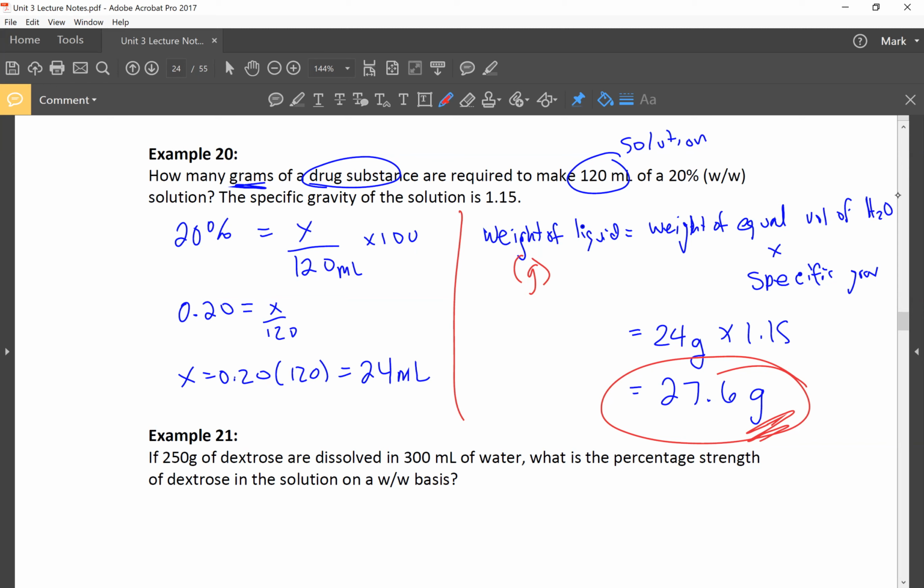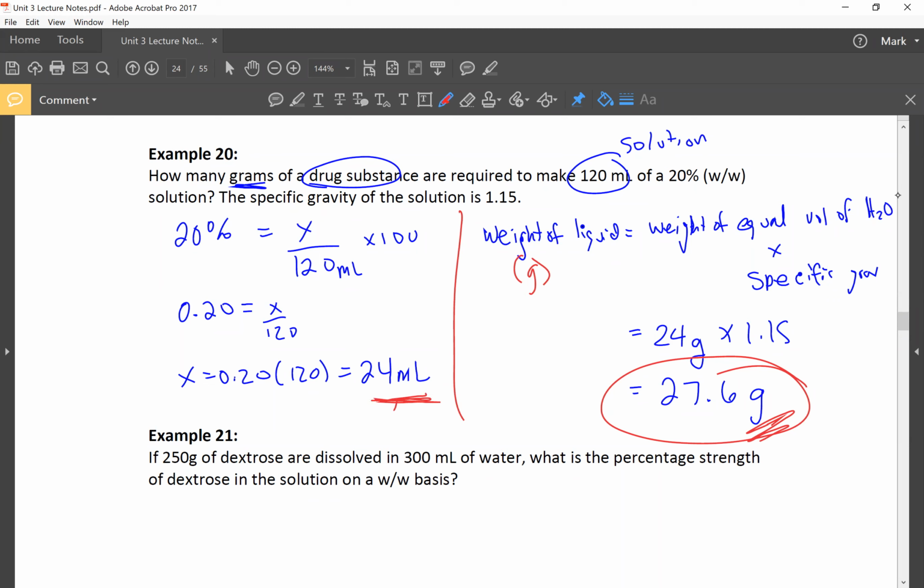What I mean is, I know that I can change milliliters to gallons or pints or ounces, and then I could probably change it to pounds and then grams. But it depends on the weight of the liquid in this question. So there's no magic number in your data booklet or on your formula sheet to change this to grams.